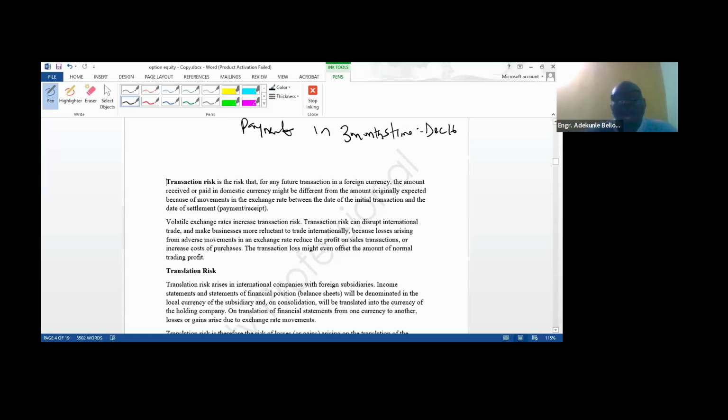The income statement and statement of financial position will be denominated in the local currency of the subsidiaries.